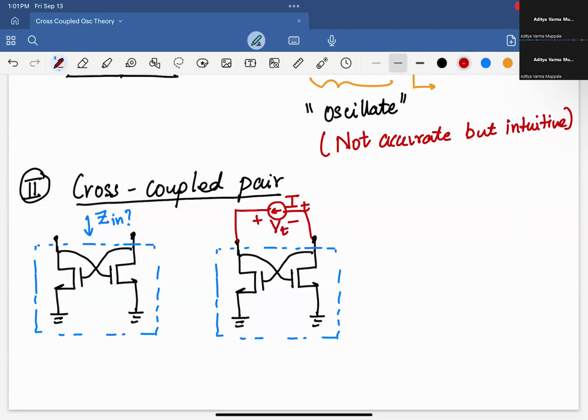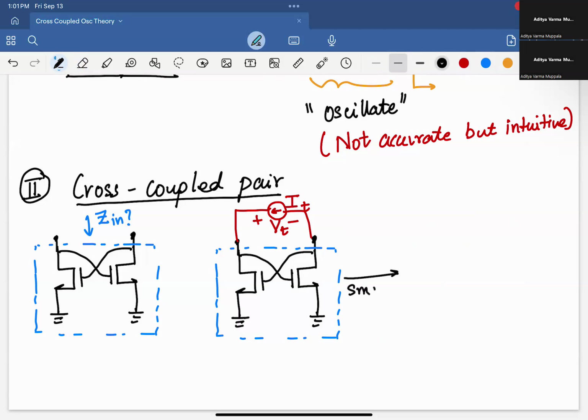So the input impedance would then be VT over IT, right? Okay. Since we said we're only going to study this for the startup condition, we know the signals are small initially. So we can use the small signal model for this.